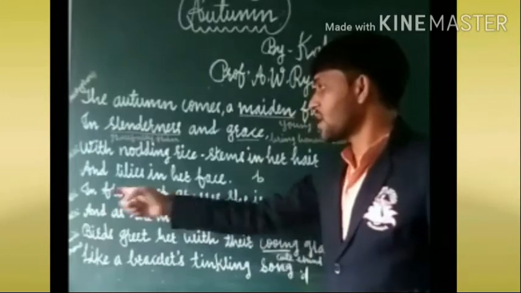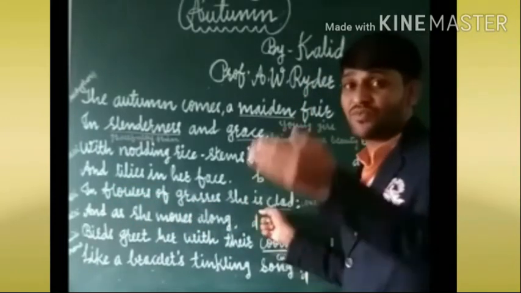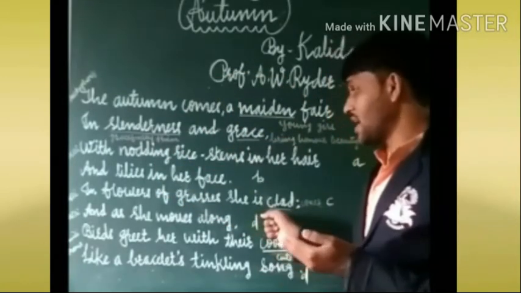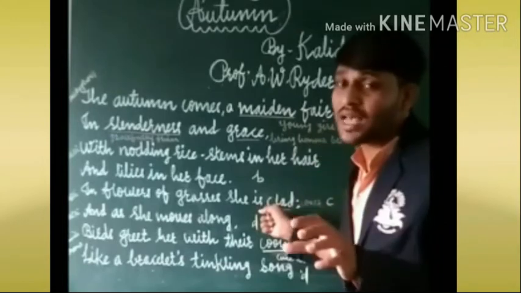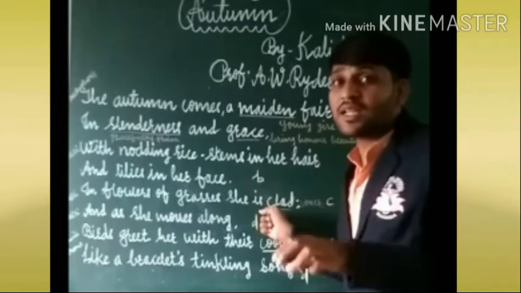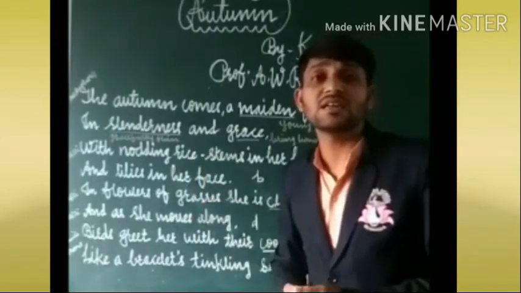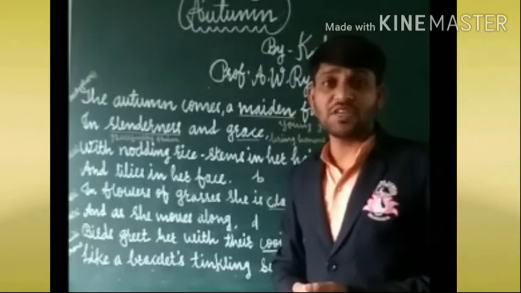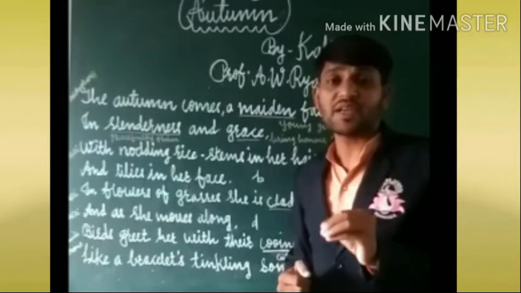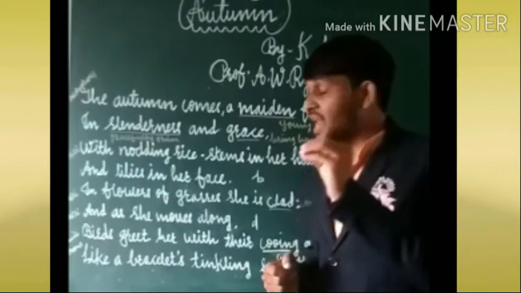Next two lines: In flowers of grasses she is clad. The way the autumn season arises is just like a girl who has adorned herself by wearing a green grass gown, a very greenish dress, which includes the flowers of grasses.